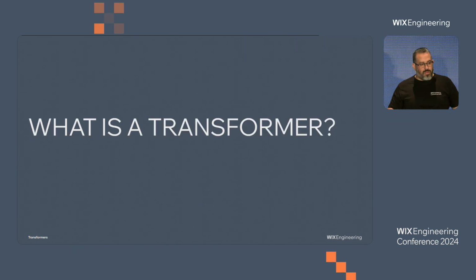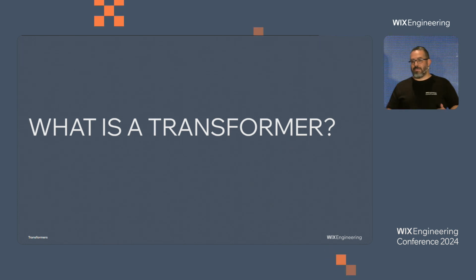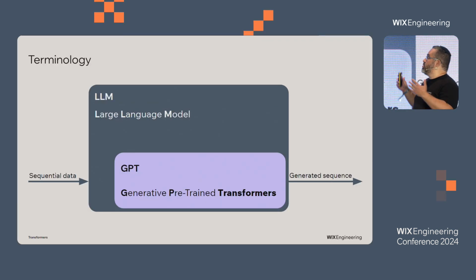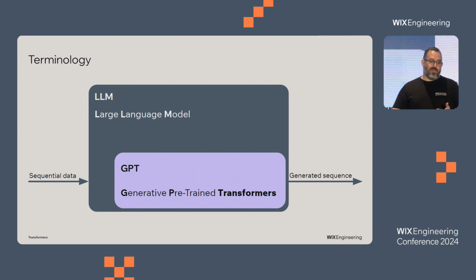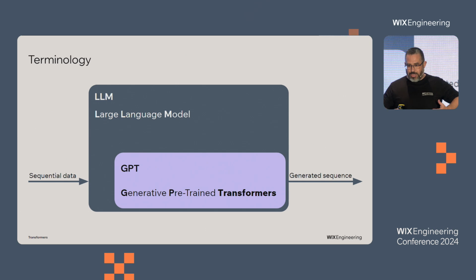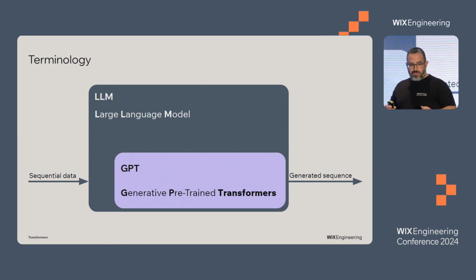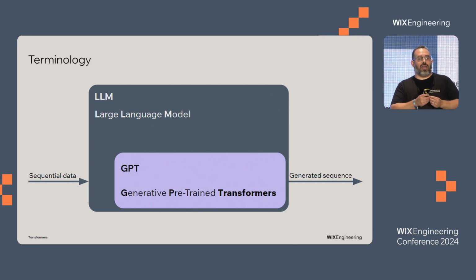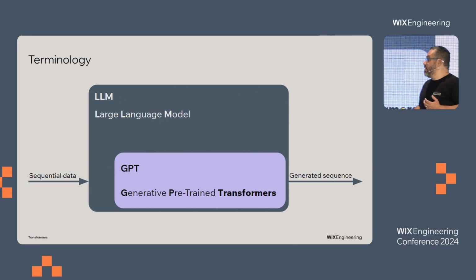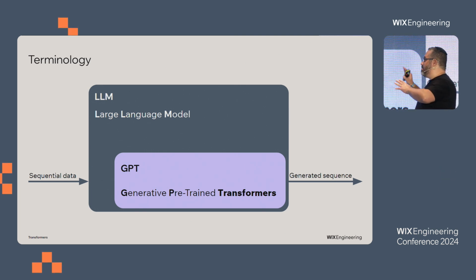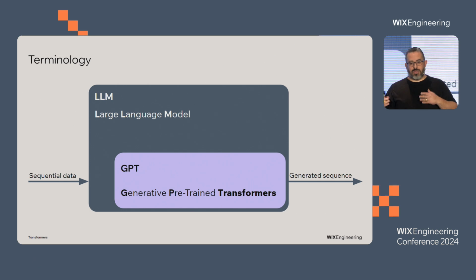But to start off the talk, I want to give a bit of a definition, an overview. What is a transformer? Just to get some terminology out of the way, are you all familiar with large language models? Models that perform operations on language sequences or language series. One can think of a sentence as a sequence of words. So an LLM specifically, and transformers in general, are known as sequence-to-sequence models.